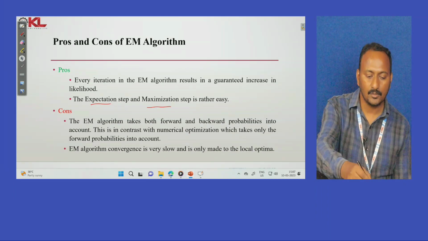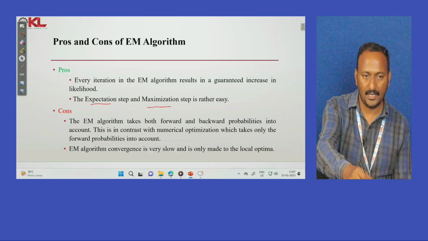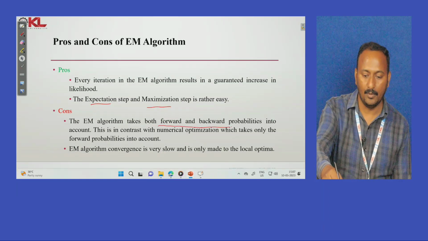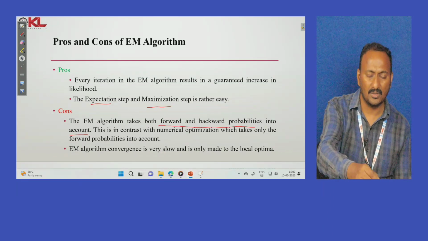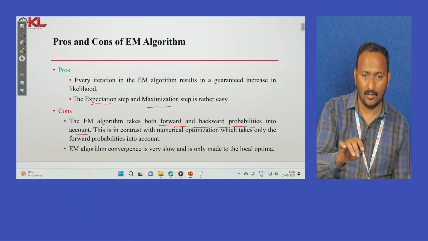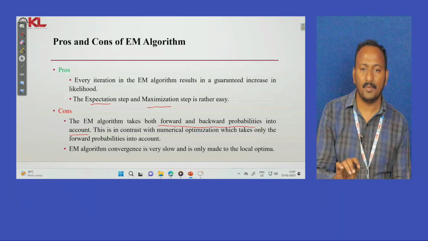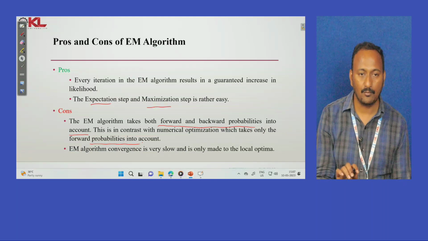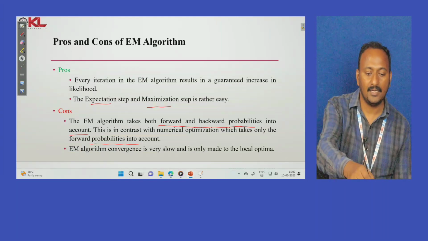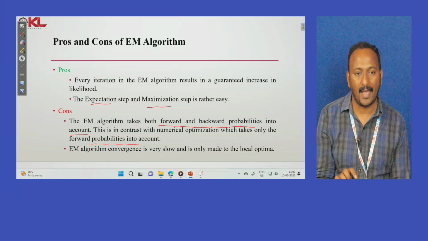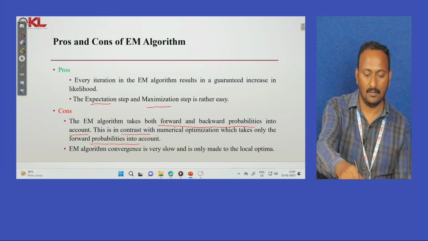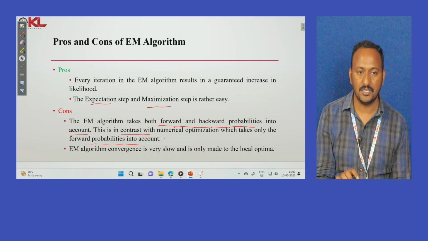Coming to the cons, our EM algorithm takes both forward and backward probabilities into account. Generally most numerical optimization techniques follow the forward probabilities only, but our EM algorithm follows the forward and backward probabilities. This is in contrast with numerical optimization techniques.